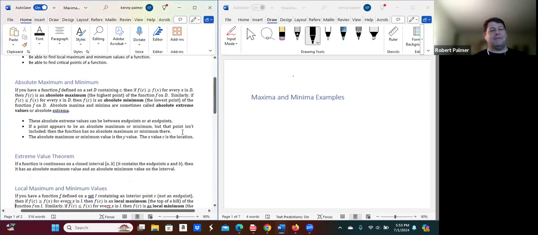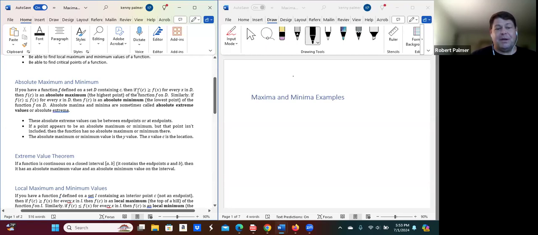So first, let's talk about the mathematical definition, then we'll explain what it means. It says you have some function f, a regular function we think about, on some set D, think of D like the domain, containing a number C. That's our x value.